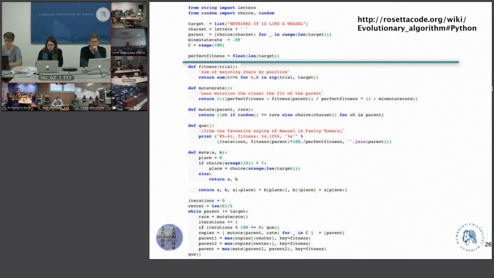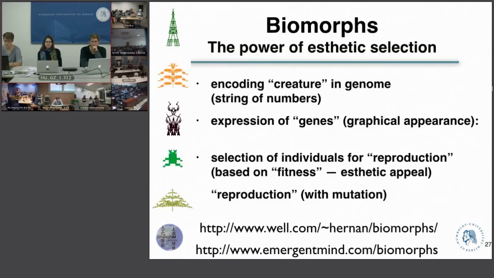Then the next topic is a bit inspired by breeding, and it's called Biomorphs. The idea is that we use something like aesthetic selection.